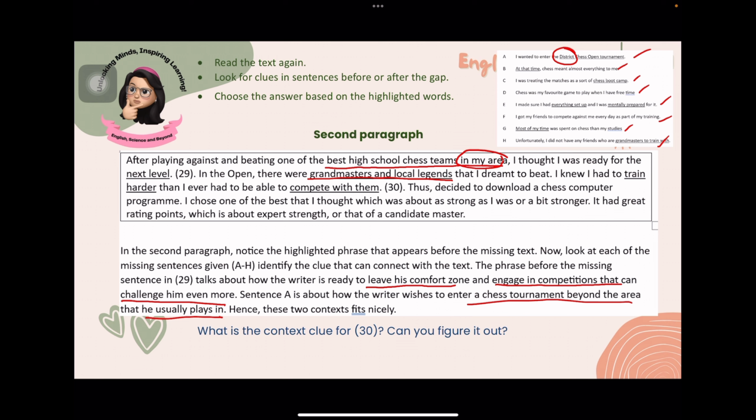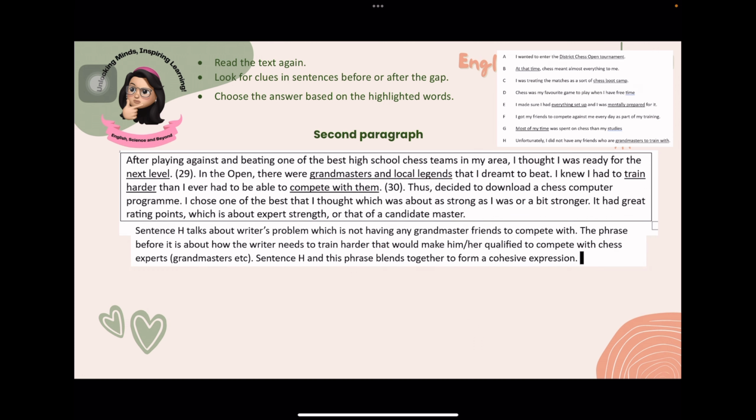What about the context clue for 30? Pause this video and ask yourself, can you figure it out? Okay, welcome back. Now gap 30. Let's look at the context clues given here. Sentence H talks about the writer's problem, which is not having any grandmaster friends to compete with: "Unfortunately, I did not have any friends who are grandmasters to train with."